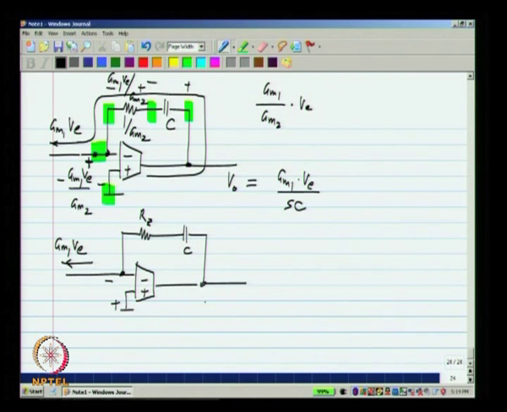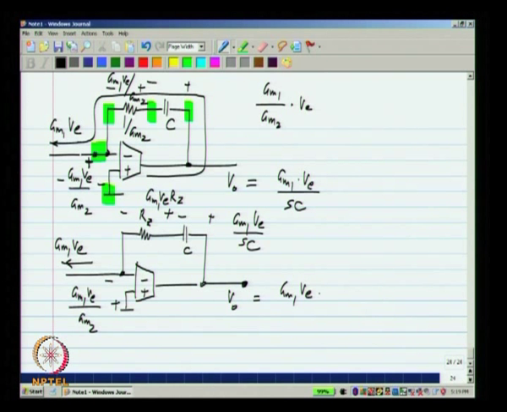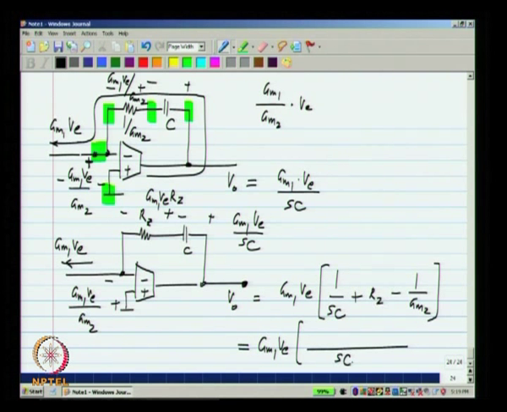The voltage at the input of the transconductor is GM1 VE by GM2. The voltage across this is GM1 VE RZ, and the voltage across that is GM1 VE by SC. So, the total output voltage is GM1 VE times 1 over SC plus RZ minus 1 over GM2.